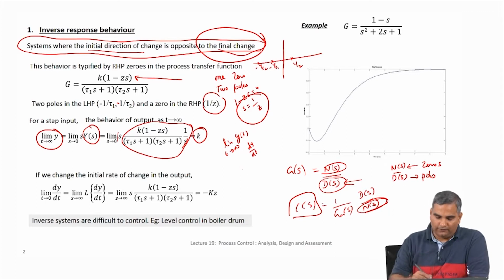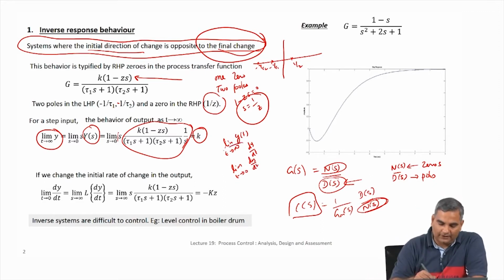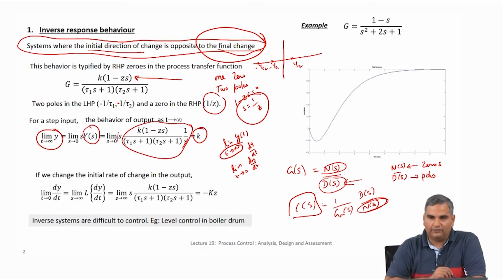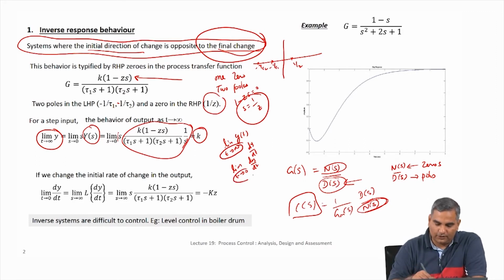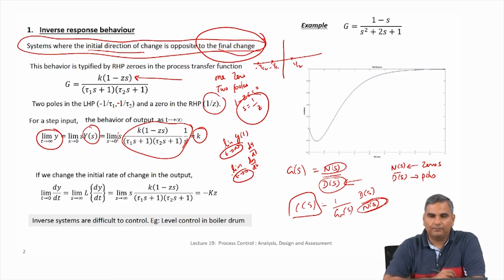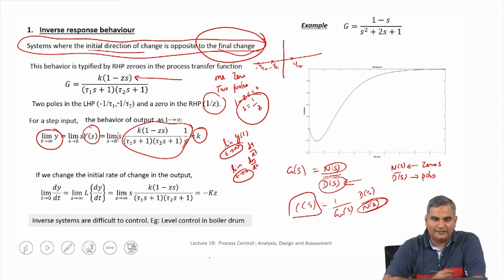So, how do I find out what the limit as t tending to 0 of dy by dt is? Whenever we have t tending to infinity, we have to use the final value theorem, and whenever we have t tending to 0, then we have to use the initial value theorem. For the final value theorem you have to set s to 0, and for the initial value theorem you have to set s to infinity.